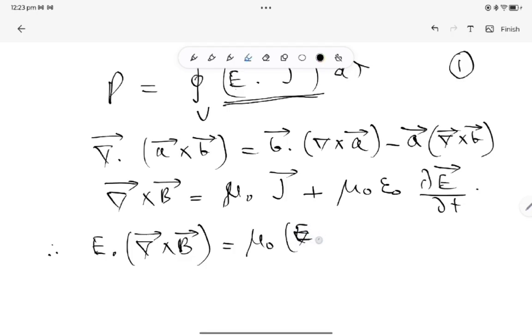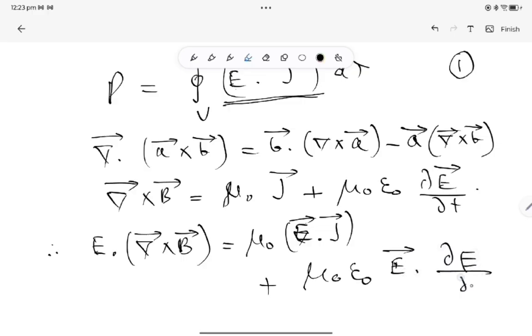That will be equal to mu naught E dot J, plus mu naught epsilon naught, this is J, we are taking with E, E dot del E by del T. We want this term, so we will have to take this to this side.